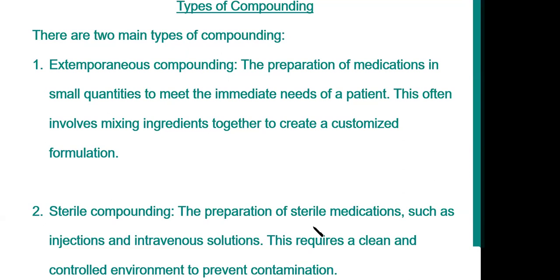You just need to put it together and get the drug prepared for that particular patient, tailored to meet the patient's needs, with the ingredients that are necessary to help the efficacy of the drug when the patient takes it. So it is customized. So that is extemporaneous compounding, where you just have to mix drugs in small quantities to meet the needs of a particular patient, and you customize it just as you customize something, so you have it as your own.